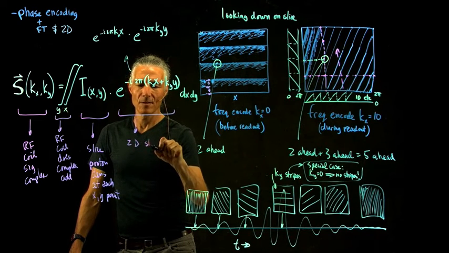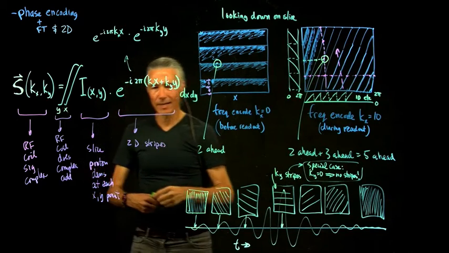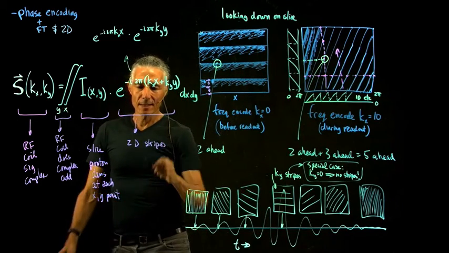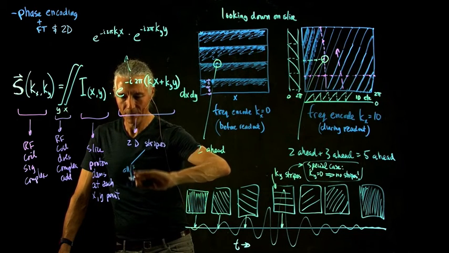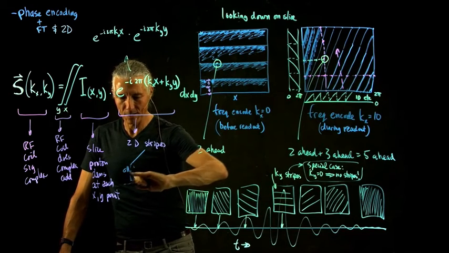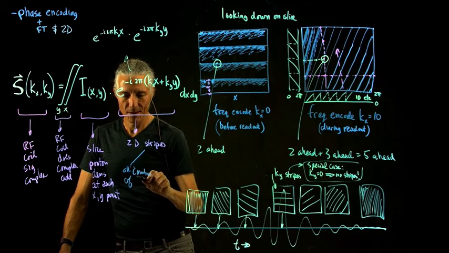And there are all different possible combinations, and so you can think of it as all combinations of x and y stripes. So all combos of kx and ky stripes.